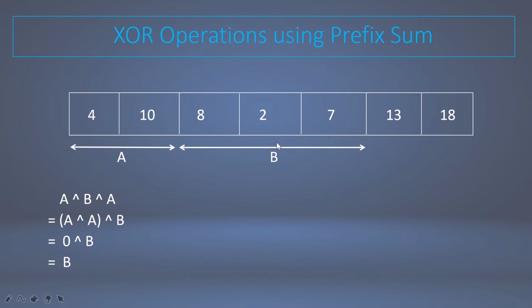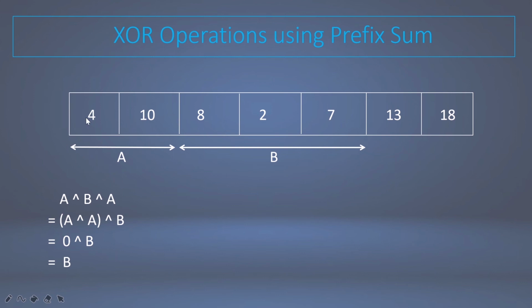But suppose we have some operation that is not invertible, like we have to find the maximum element in this range. Can we do it in this way? No, right? Because if we do it in this way, what will be the approach? We will find the maximum element from 1 to R. So this is 10, and then we will find the maximum of 1 to L minus 1, right?